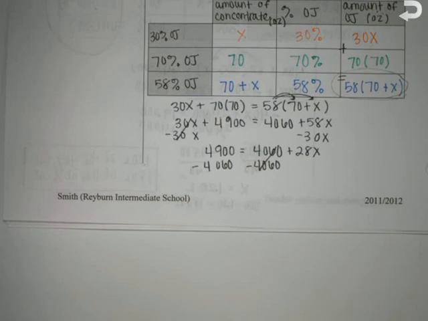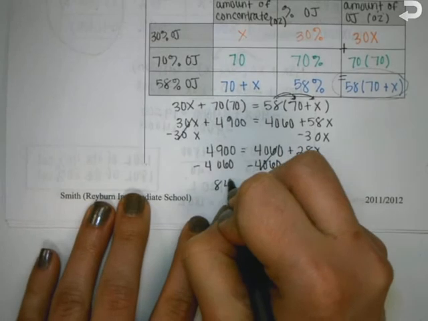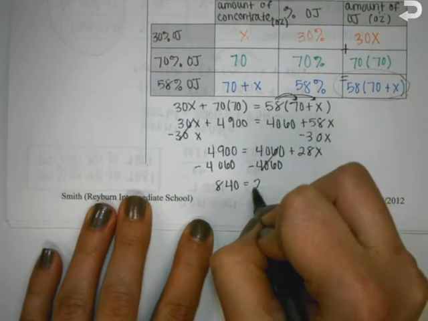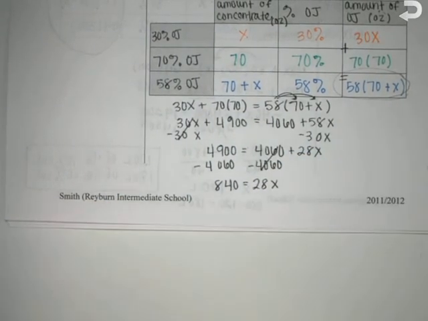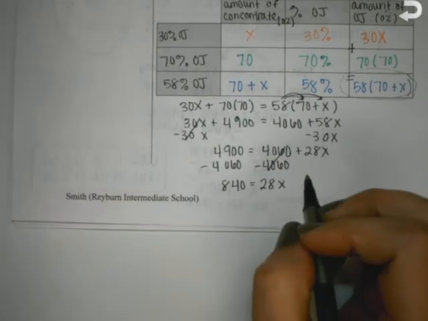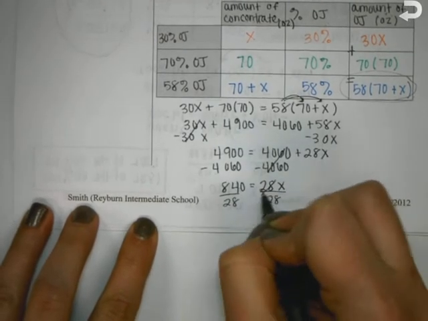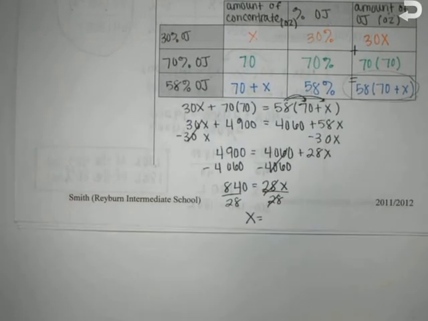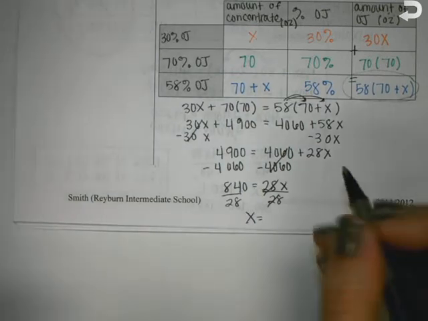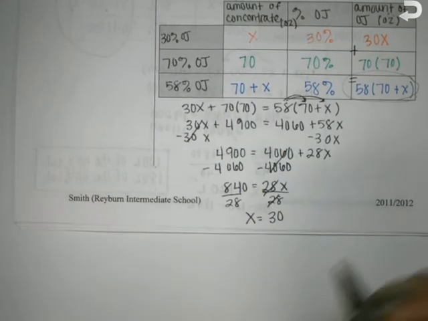Then what? Divide by 28. So x equals 30. Okay, so 30 what? We have to write this in a phrase.